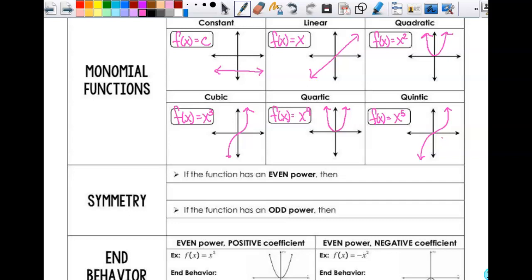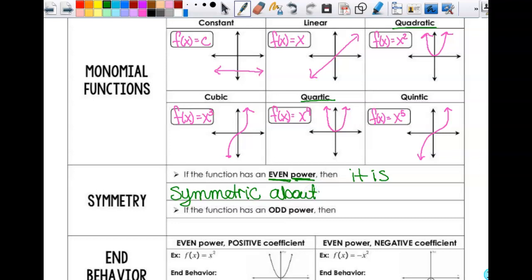So if we look up here, for the power function, if the function has an even power, so that would be our quadratic and our quartic, basically, then it is symmetric about what?